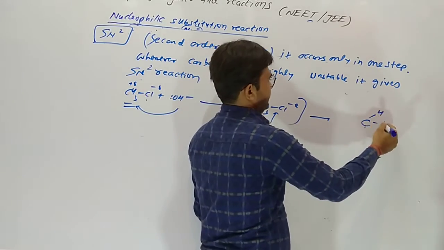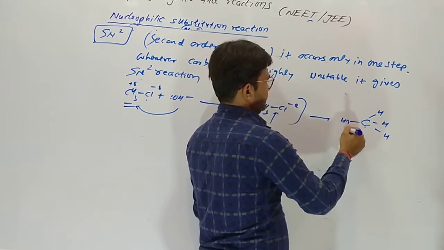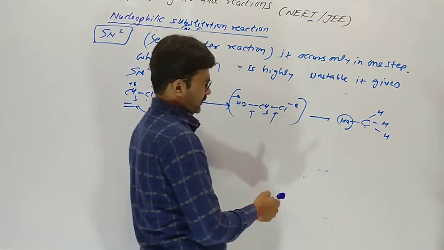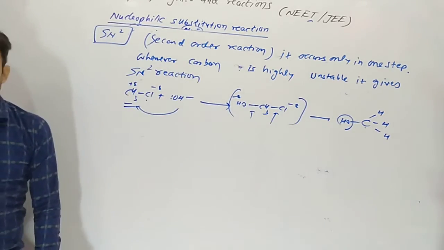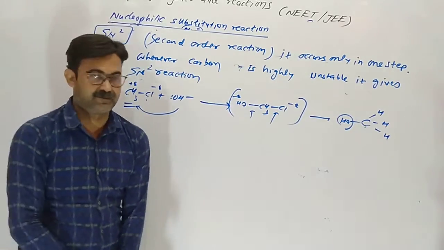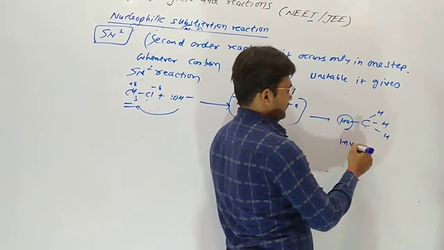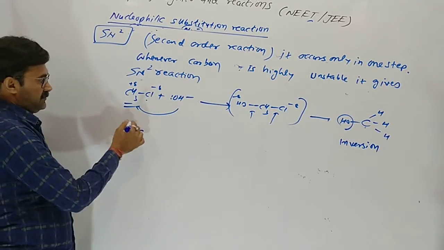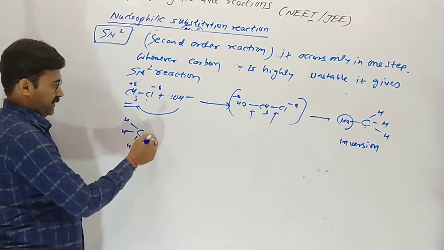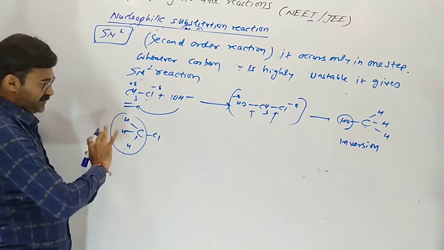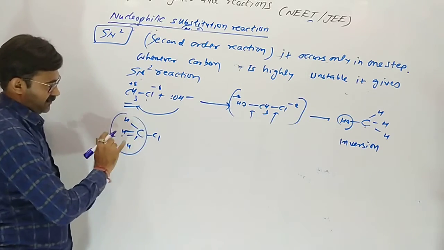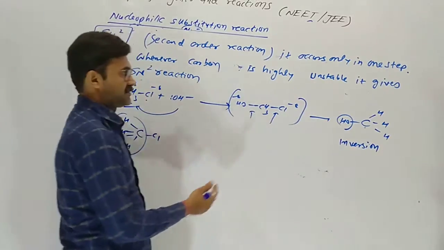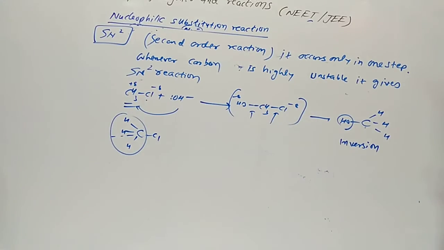Now you can see the OH group enters on the opposite side of chlorine. So here the product is inverted. You can see the arrangement of hydrogen like this. After reacting with OH, the side is changed. Inversion product occurs here.